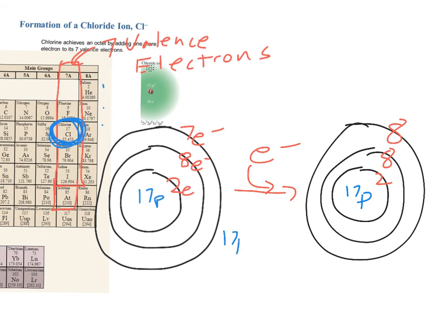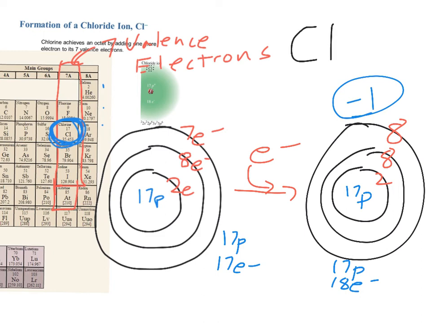It starts with 17 protons and 17 electrons, but when it gains that extra electron, it has 17 protons and 18 electrons. So it has 1 more electron than protons, so it gains a charge of -1. To write it, we would write the elemental symbol chlorine, and in the upper right-hand corner, we would denote the charge as a superscript.